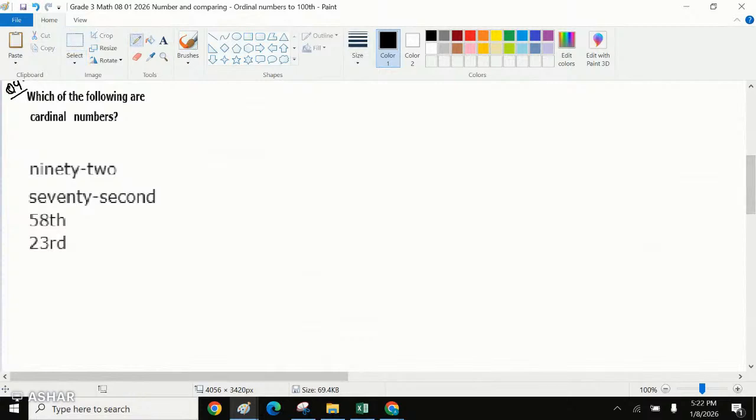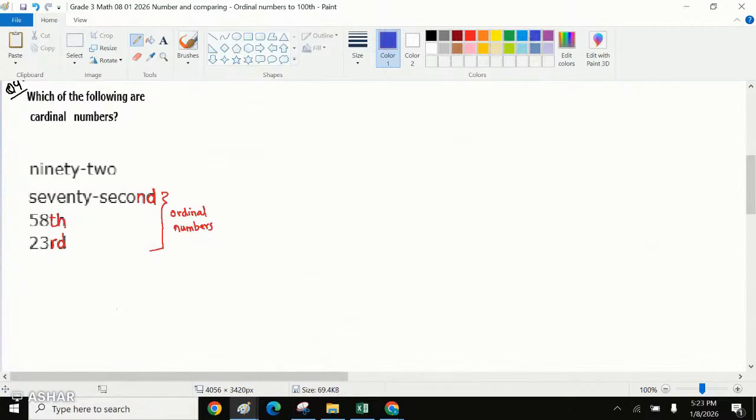This has an ending, rd. This is th. This is nd. So the numbers ending with nd, th or rd would be ordinal numbers, because we look at the numbers by what they're ending with.